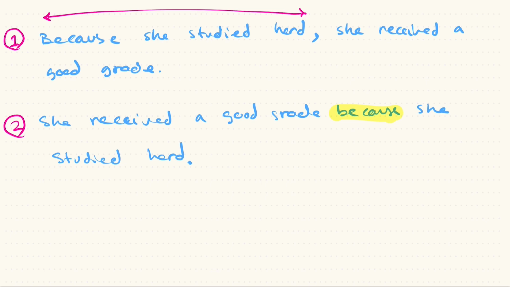Rather than in the second example, where you're putting more emphasis on the person that got a good grade. And that's essentially the biggest difference. In terms of meaning, there's no difference in these two examples. So just pay attention to this comma right here and this connecting word.